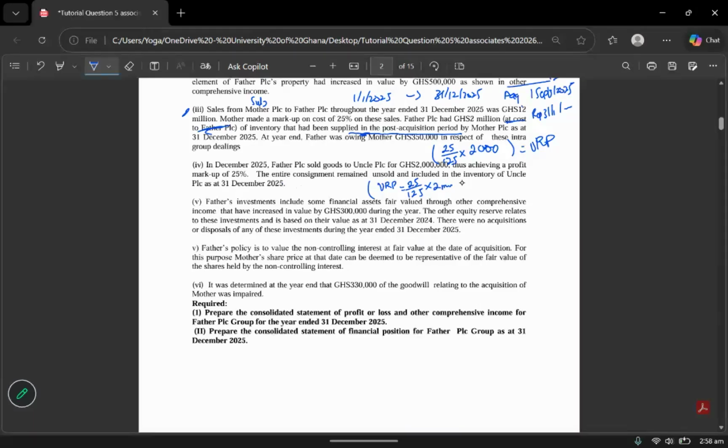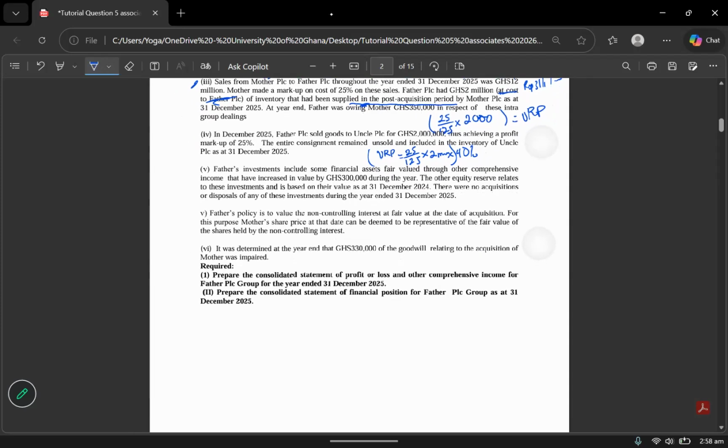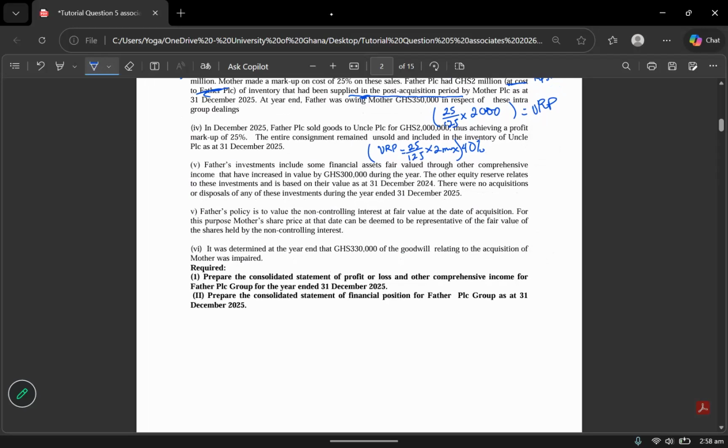But it's not the whole 25 out of 125 times 2 million that will go towards the group retained earnings as unrealized profit, because the parent has only 40% of that. It has only 40% because of its investment in associates. All right, we will do that in the basic workings. So let's just proceed with the analysis of the question.